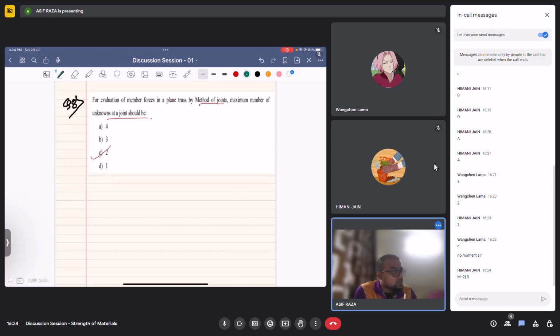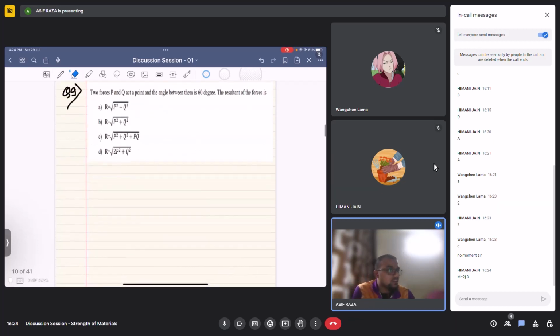In the method of joints, since it's a truss problem, moment degree of freedom won't be there. So at a point, we would like to find sigma Fx equal to sigma Fy equal to 0. When we have only two equations, we need to have at most only two unknowns, then only would we be able to solve the equation. So yes, the answer is option 2.